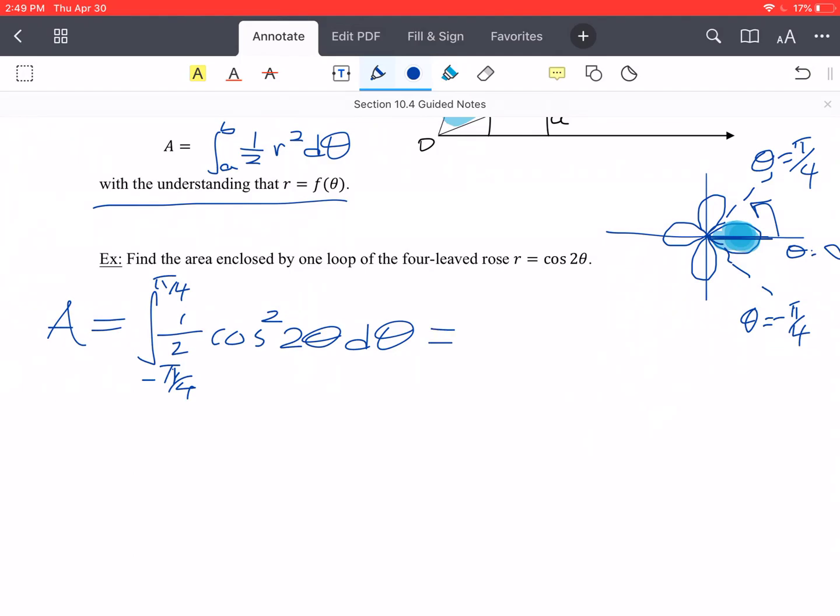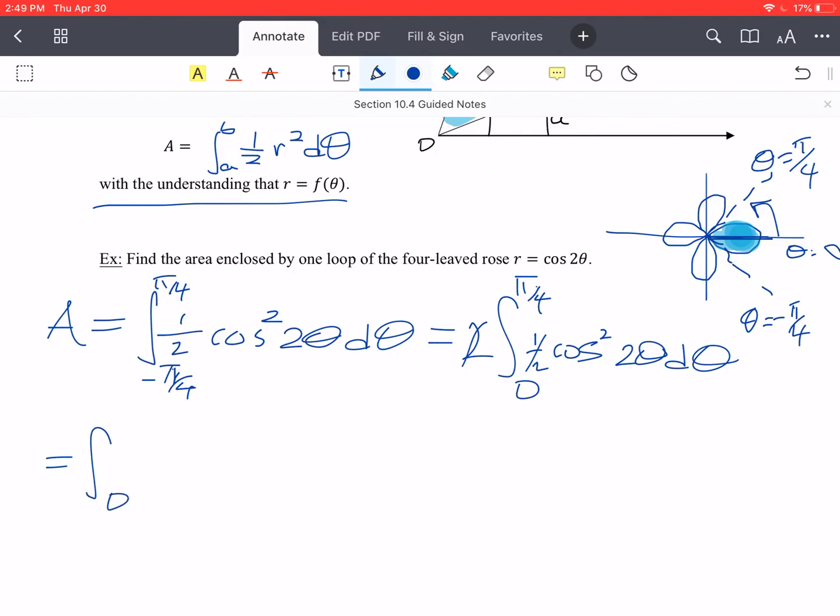So we take double the integral from 0 to pi over 4 of 1/2 cosine squared of 2 theta d theta. Okay. We get the 2 and the 1/2. We can pull the 1/2 out, and it's going to end up canceling with the 2. So this just leaves us with the integral from 0 to pi over 4 of cosine squared of 2 theta d theta.